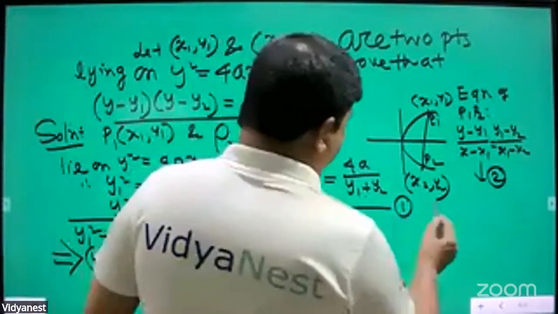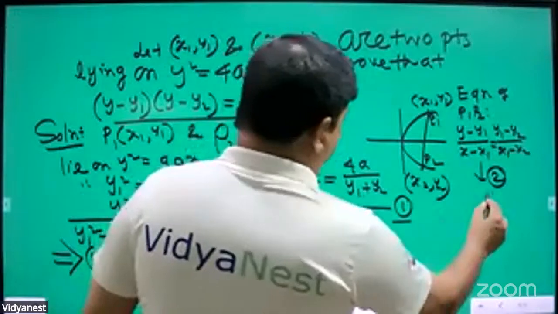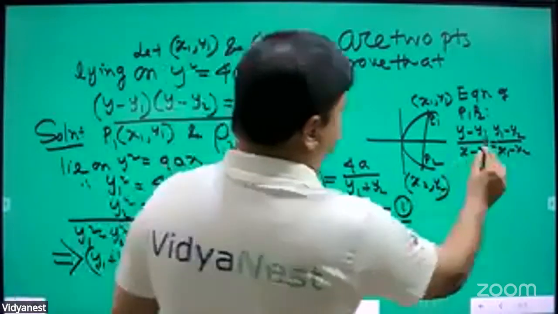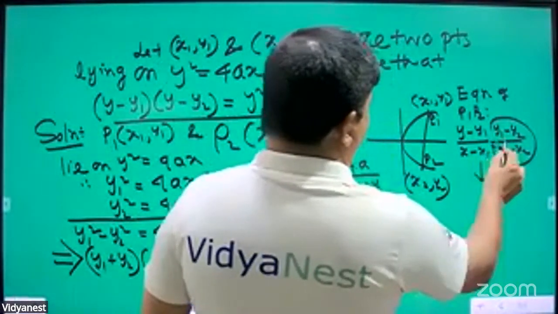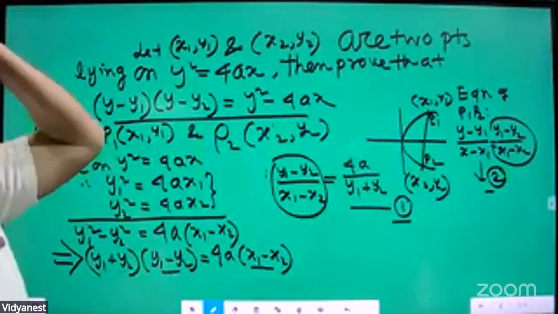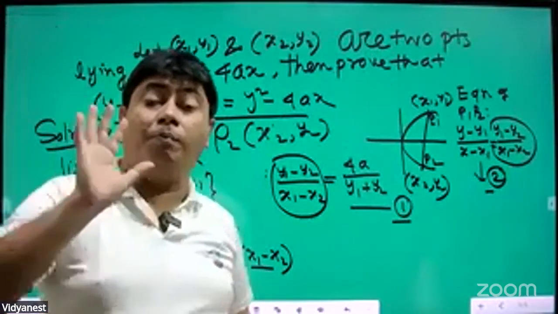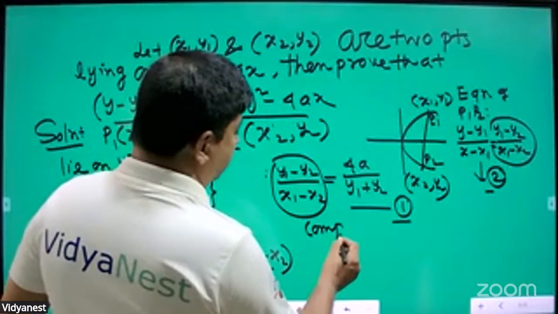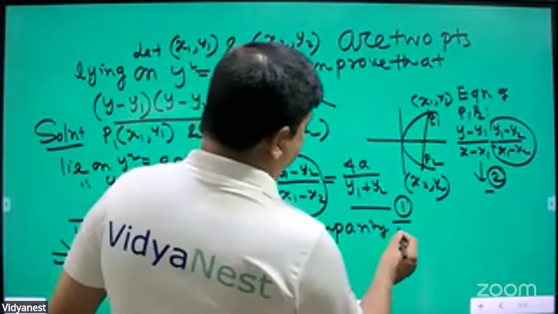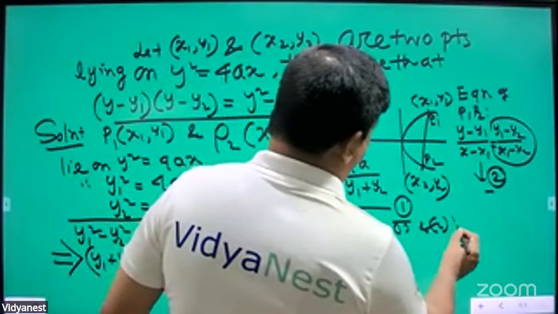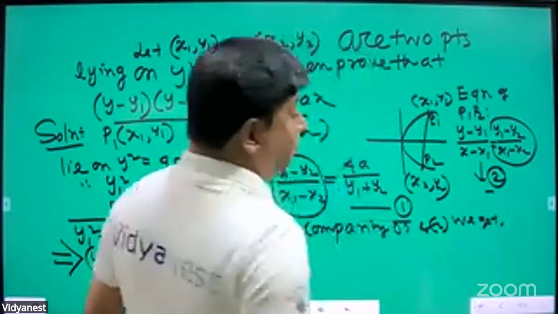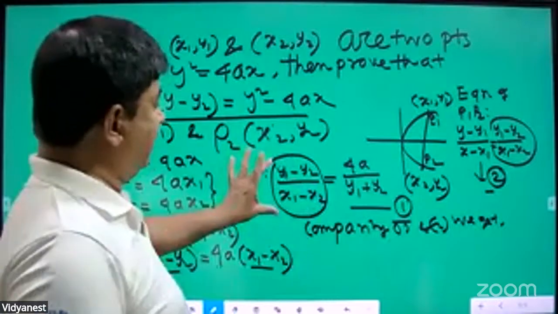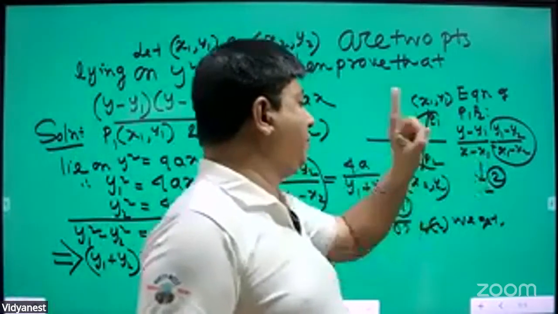So in equation 1 and 2, what is the connector? You observe, this is the connector. Connector means you can compare two quantities. In your childhood, you were taught comparing quantities. So comparing 1 and 2, what do we get? See, 4a by y1 plus y2, that is this result, and the same result again, y minus y1 by x minus x1.